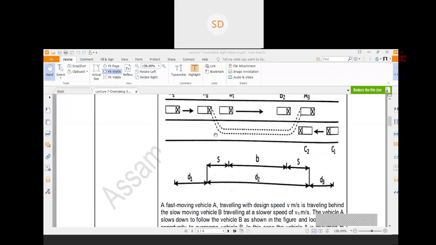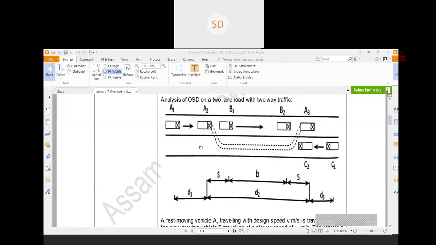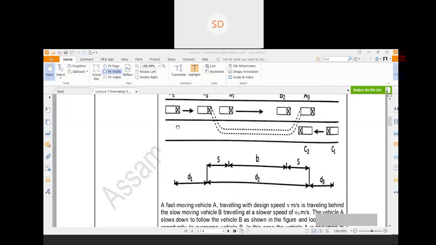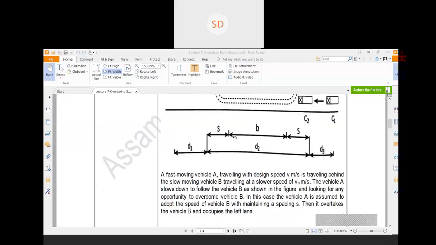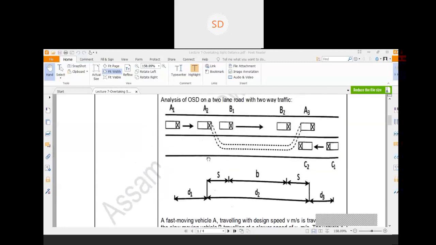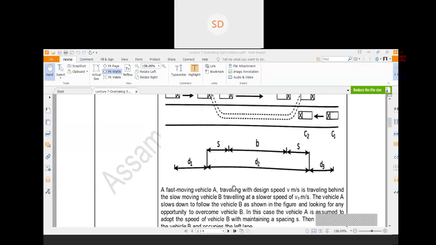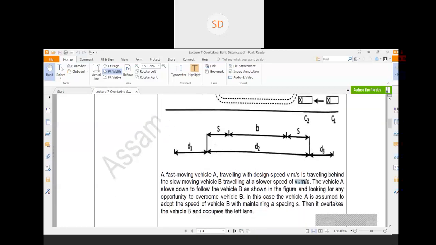So as you have drawn the picture, remember the first moving vehicle is vehicle A. So initially it was assumed that it was moving with a design speed. Suppose the design speed is v meter per second, but after it encountered vehicle B, it has reduced its speed from v meter per second to a reduced speed of vb meter per second.